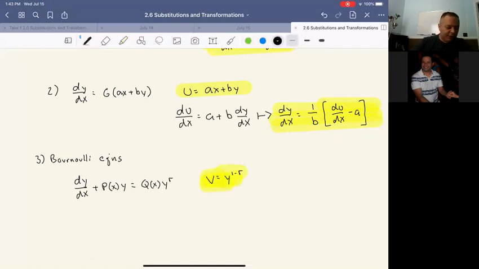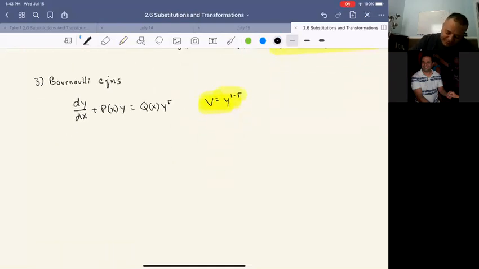And finally, the last type of equation that's presented in the section are called linear coefficients.